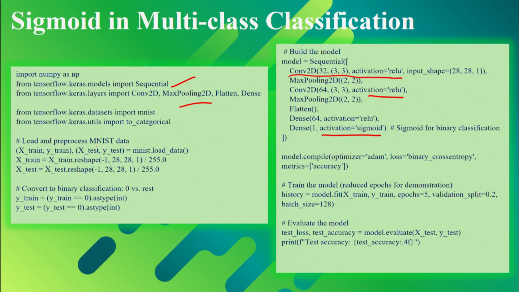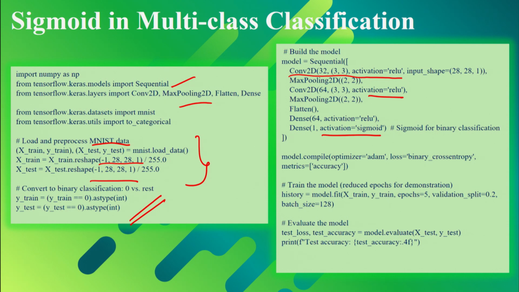This is the MNIST image data set, and using this data set we take the training values and the testing values, with the shape 28 by 28 for the training data as well as the test data, and we are applying binary classification to that. We convert the training values and testing values, and now we are building the model. In building the model, we are applying convolutional neural networks, and we are saying the activation function sigmoid is to be applied over here.